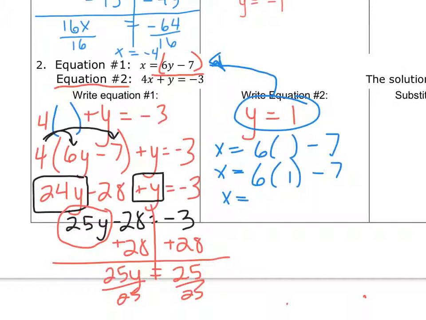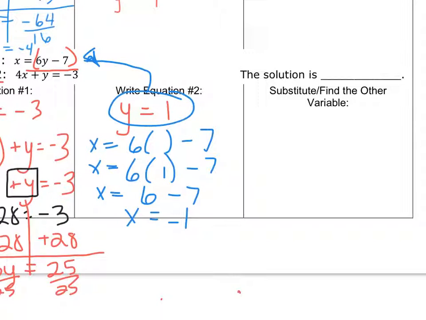So x equals 6 minus 7. x equals -1. So my answer to this is -1, comma, +1. That's my solution.